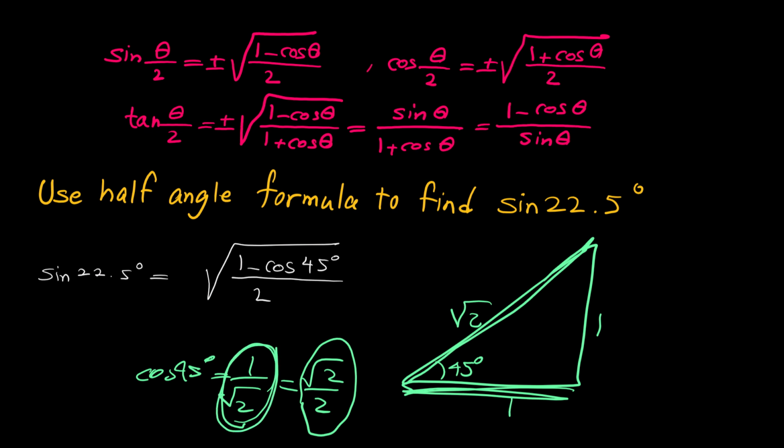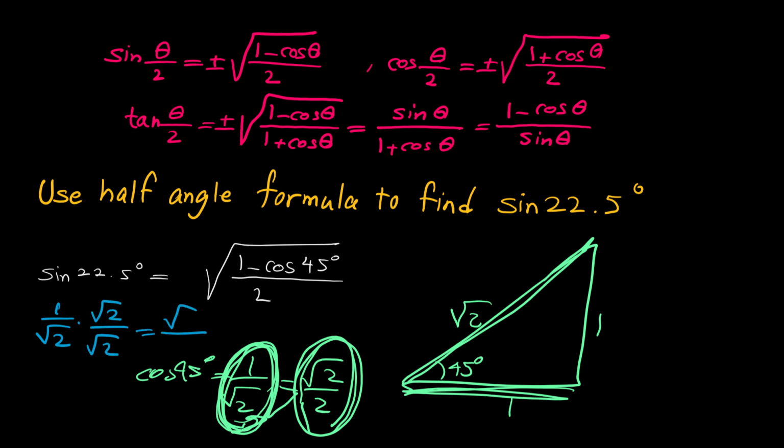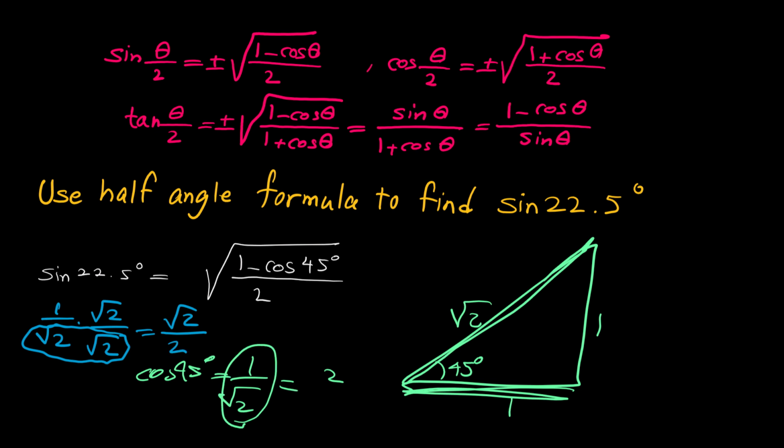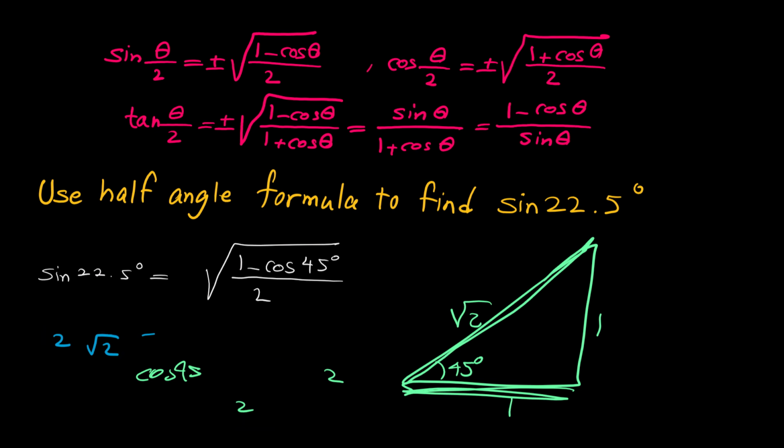If you rationalize this, you can write 1 over radical 2 in the form of radical 2 over 2: 1 over radical 2 times radical 2 over radical 2 equals radical 2 in the numerator, and in the denominator radical 2 times radical 2 is 2. So cosine of 45 degrees is radical 2 over 2.